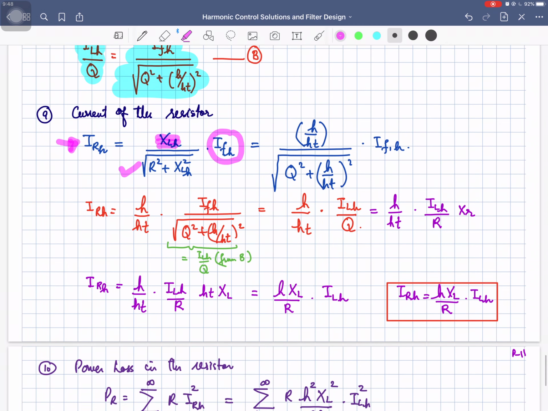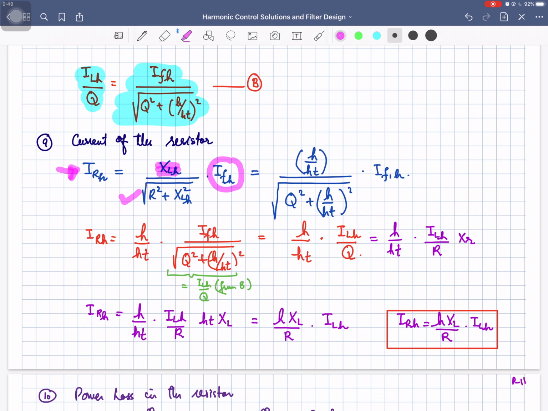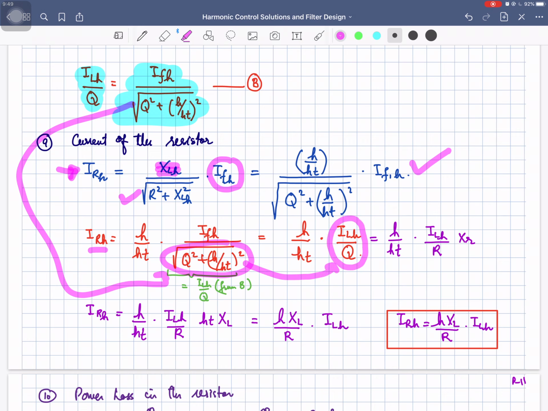Now writing it in this form using the above equation, we can rearrange it, and IRH will be equal to H by HT into IFH over this part. And if you look at this equation, this is the same, so I can replace this part with ILH by Q, and this can be written like this.